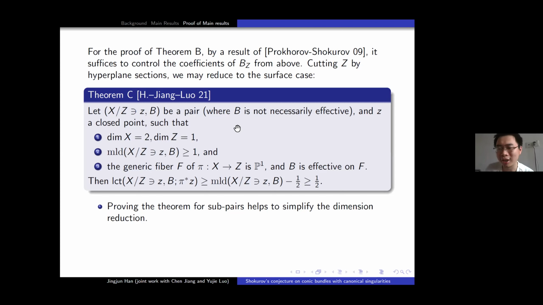About Professor Chen's question: in dimension 2, there are also some partial results of Mori and Prokhorov. If I remember correctly, about the del Pezzo fibration, they showed that some value is about 1/6, but I'm not quite sure.